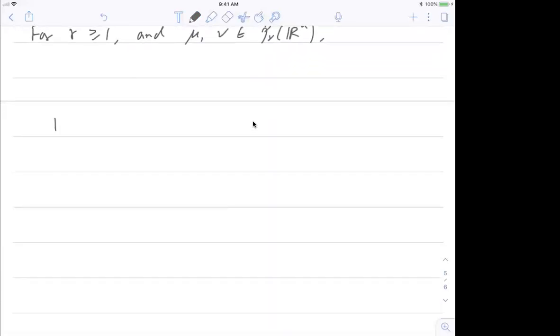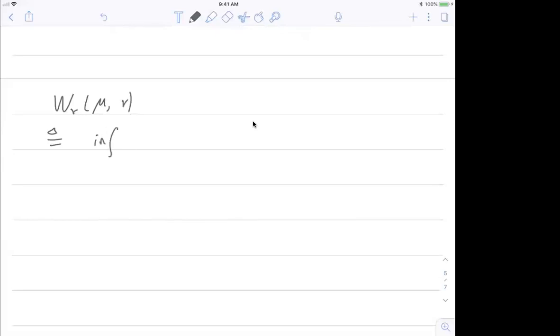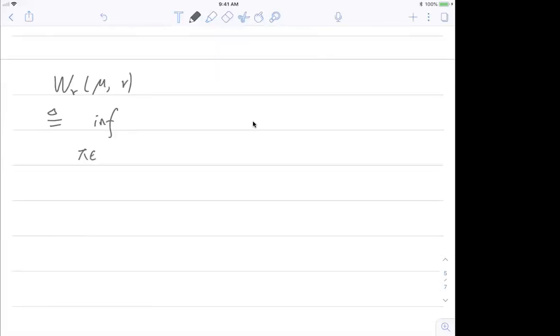We define the Wasserstein distance as follows: it is a minimization over all couplings.